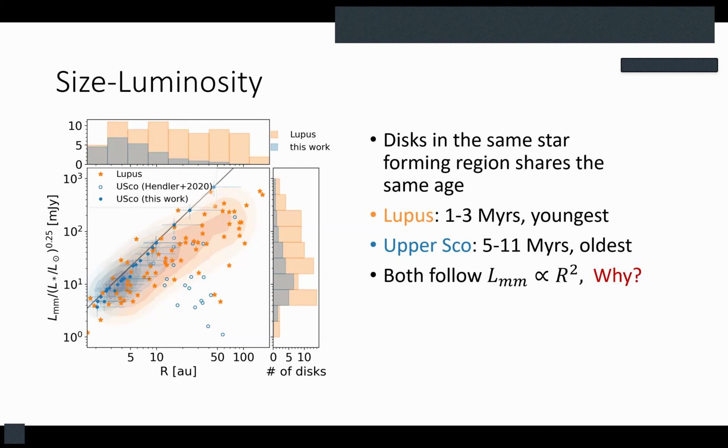One thing I haven't talked about is this frequency here. In Lupus, about 70% of the sources have this. But for Upper Scorpius, a lot of them have already disappeared; only about 30% have this. The strange thing is we do not see ones that are disappearing.